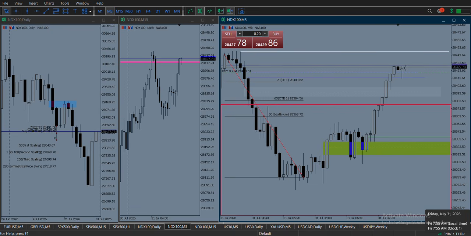We're trading at 428 now. So I really want to take these above, just so close to that high.